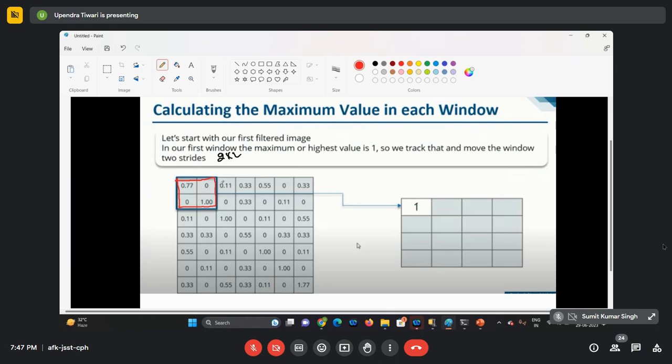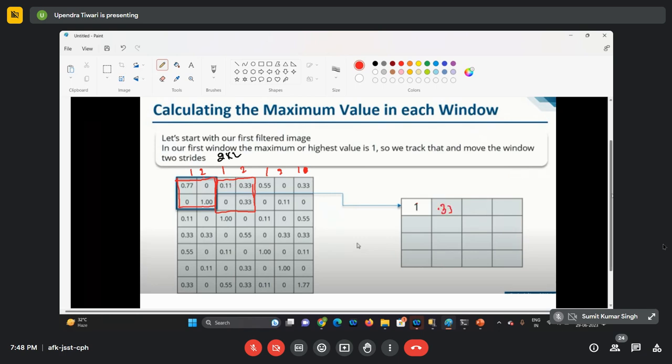Then we'll take a stride value of 2. So let me write it as 1, 2. After 2 we'll start, so that means we'll be starting from here. Again, take 2 by 2. In this, what is the maximum value we have? 0.33.